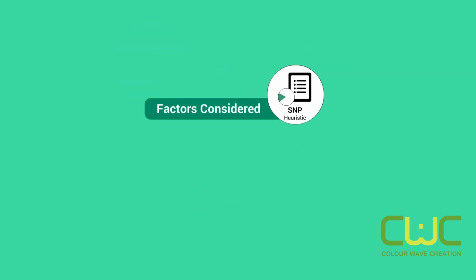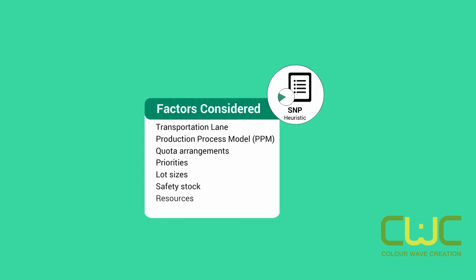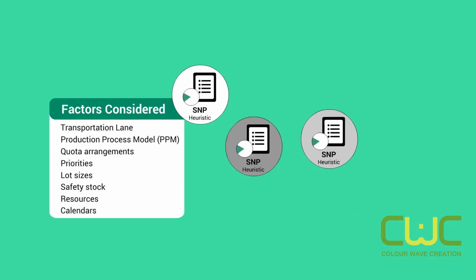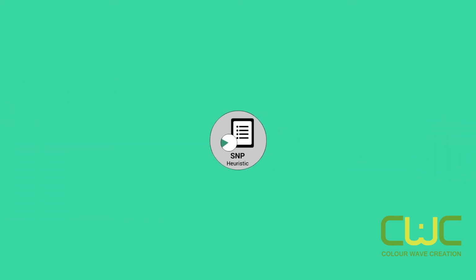The factors considered by SNP heuristics are transportation lane, PPM, quota arrangements, priorities, lot sizes, safety stock, resources, calendars. All these complicated steps and factors result in various types of SNP heuristics. Let's look at the various SNP heuristics in detail.